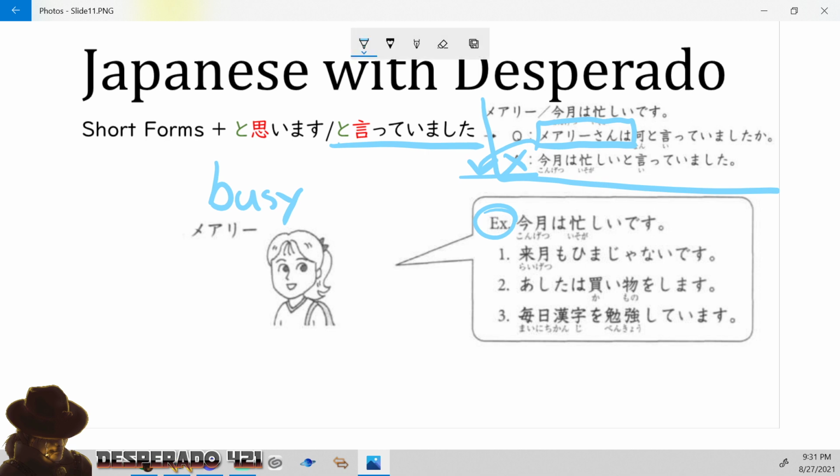So, super duper short form. Right. Because we're not going to be doing the question now, because the question is basically the same thing over and over again, I'm going to have you put the Meri-san wa at the very beginning. So let's go ahead and read the next one here.